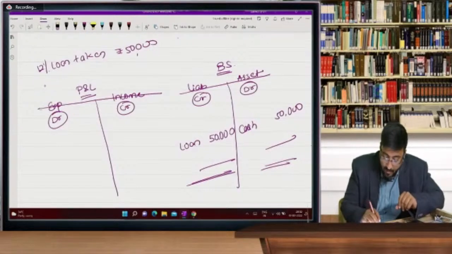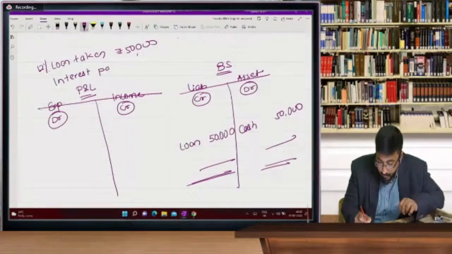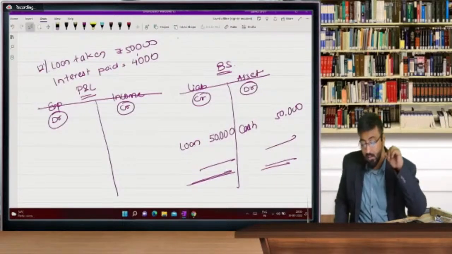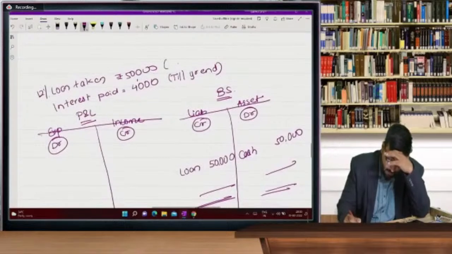And tell me, interest paid $4,000 till today, till year end, and this is on very first day.